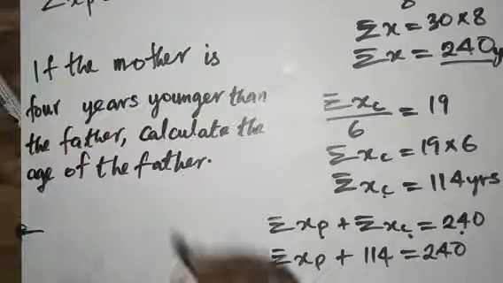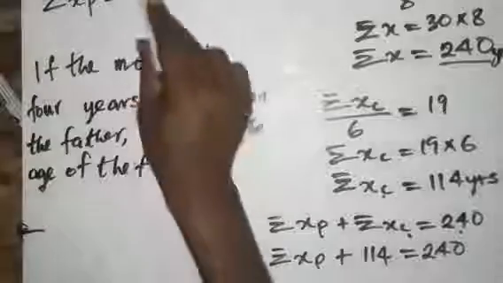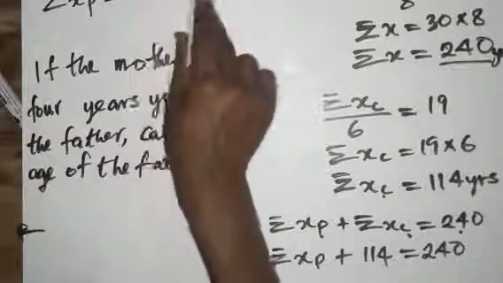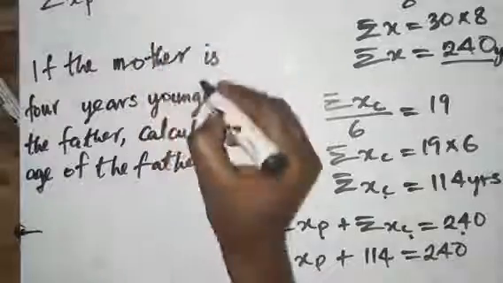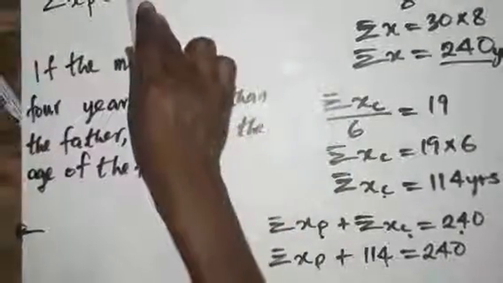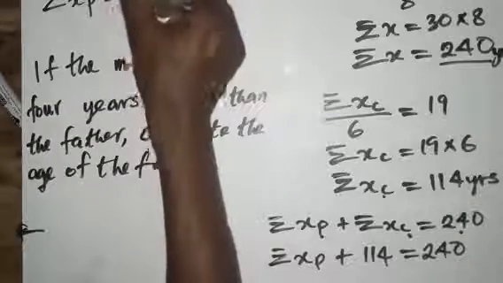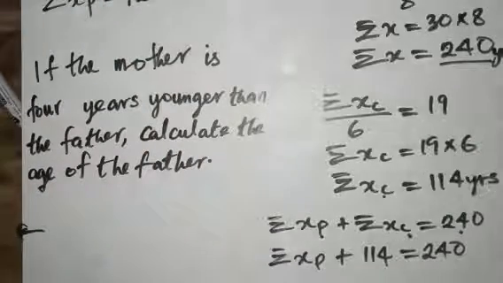So I borrow from the 0, 10 minus 4 is 6. Okay, so here I am left with 3, 2, and 1, 2, 6 becomes the sum of the ages of the parents. Good.